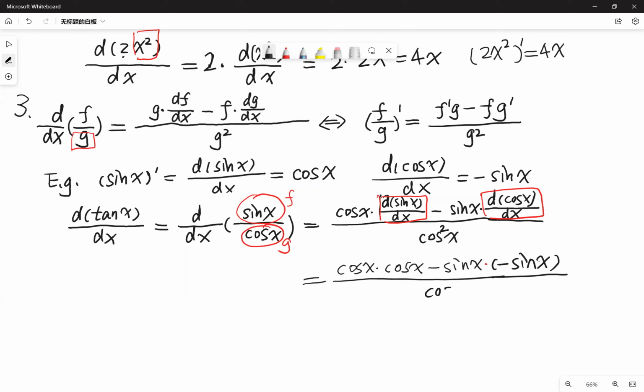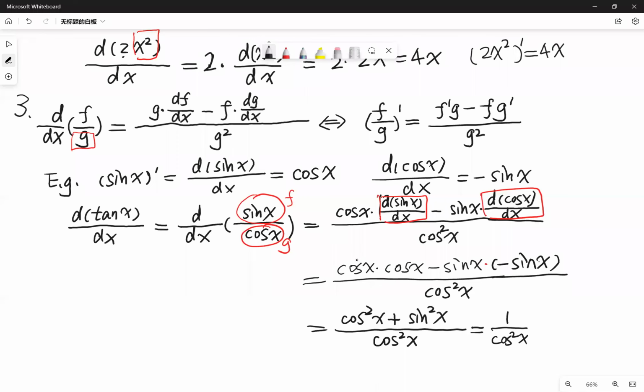Here is cosine x squared. That equals 1 by cosine squared x, since sin squared plus cosine squared is 1. This is 1 divided by cos x equal to sec x.